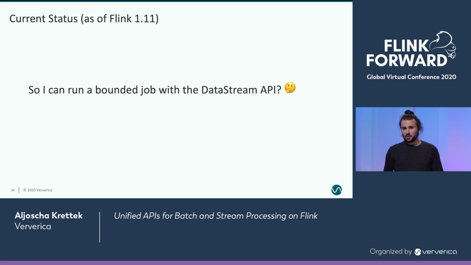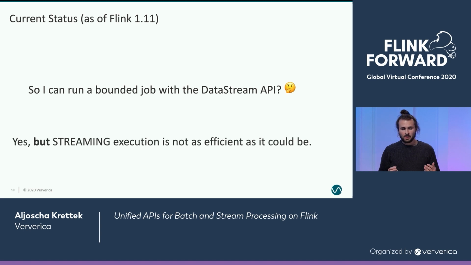So by now, if you're paying attention, you might be wondering, I can use the DataStream API to write bounded jobs, right? You probably have done that in examples, and you have run examples in the IDE with the DataStream API that start and finish, so they are bounded, right? However, if you use the DataStream API in such a way for bounded programs, they don't necessarily execute as efficiently as they could.